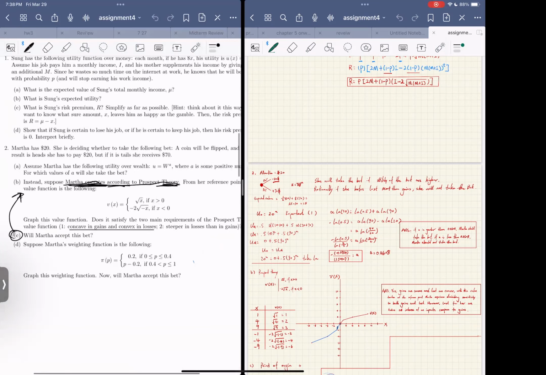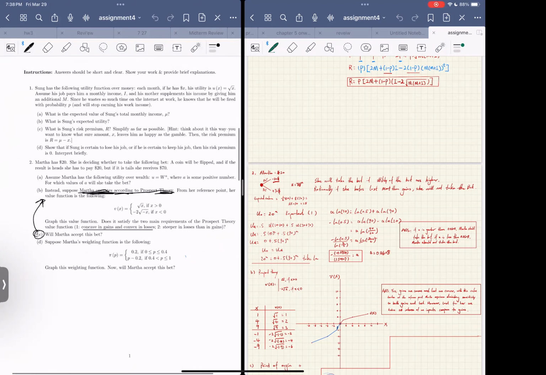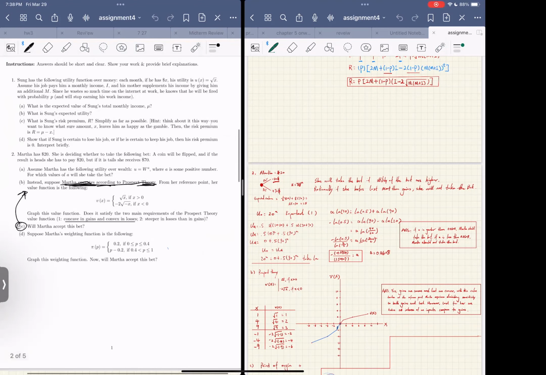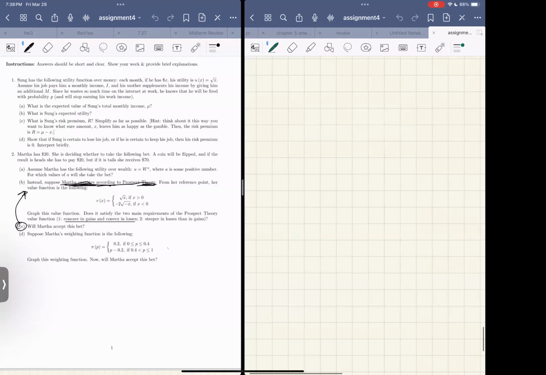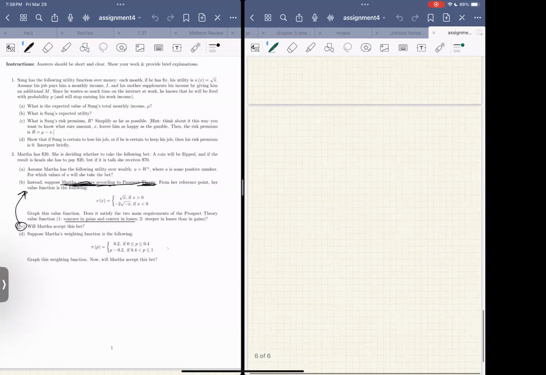Okay, so question 2. Which question specifically? Question 2 part A. When I looked at his solutions, I'm not understanding the algebra of how he solved for A. Okay, how about we just start clean instead of looking at my ugly homework.